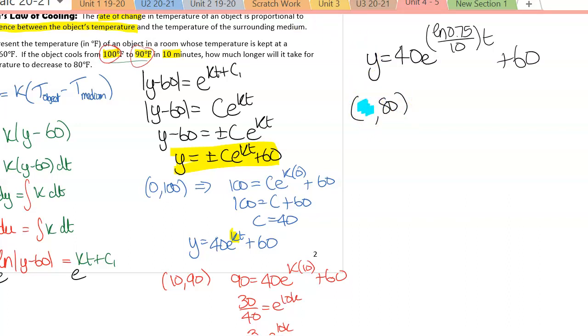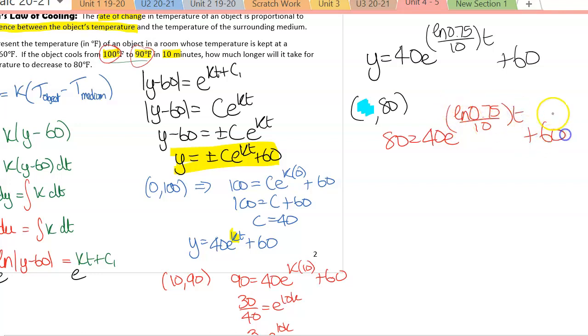So I've got 80 equals 40 e to the natural log of 0.75 over 10 times t, plus 60. Move it over. I've got 80 minus 60 is 20, over 40 equals e to the natural log of 0.75 over 10 times t. So don't get hung up on this.